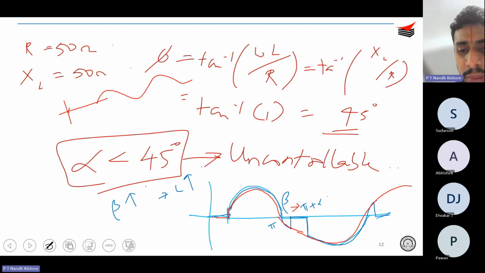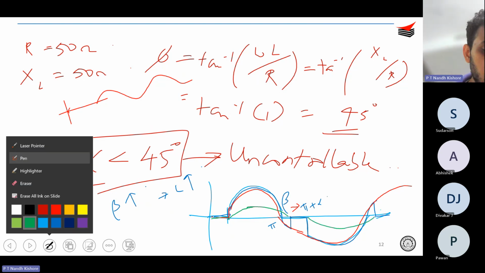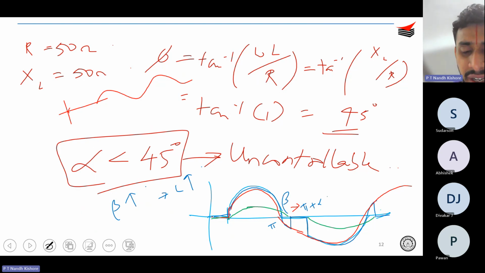Initially it would be something like this. And then it would be something like this. Now, if your beta goes on increasing, your current would be something like this, right? So again, it would be sinusoidal, of course, with a lag phase shift.